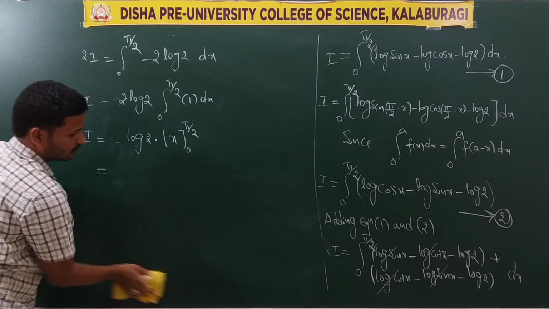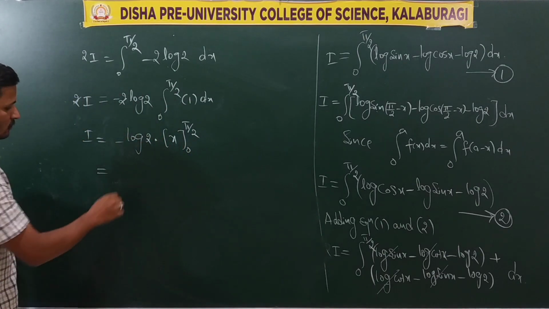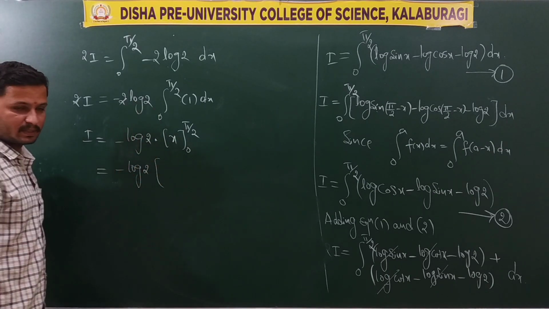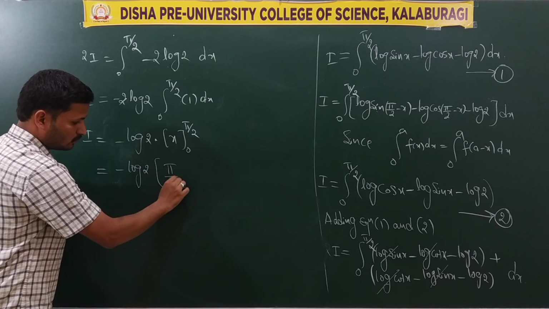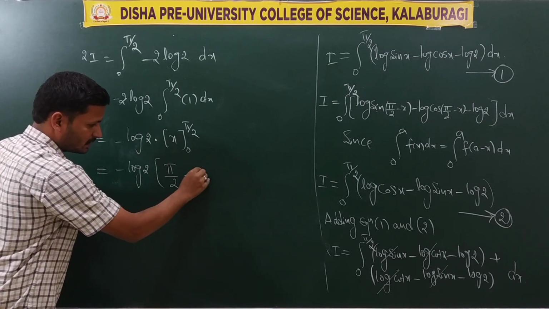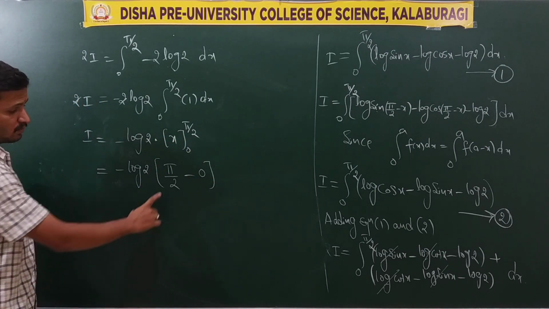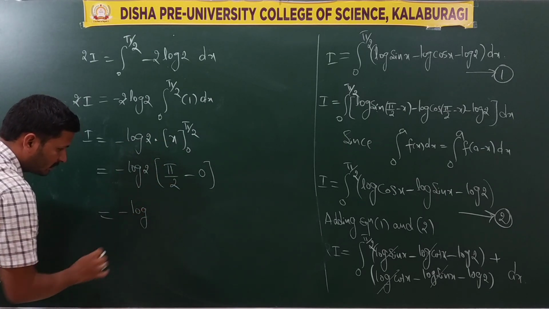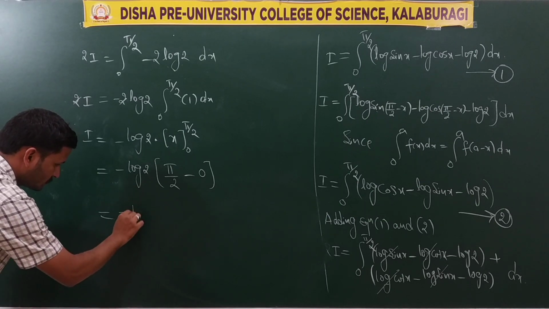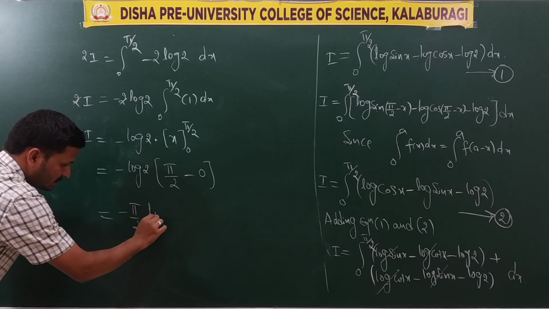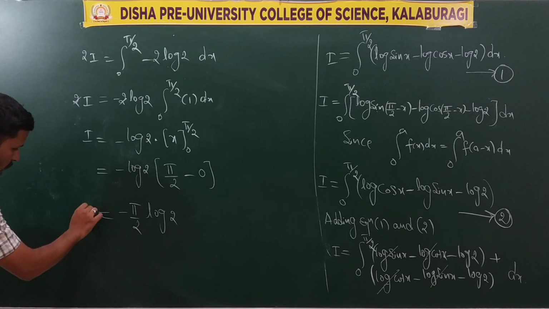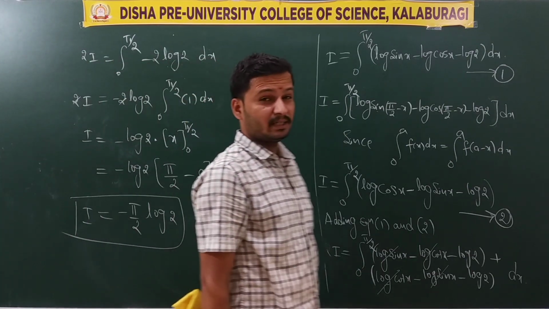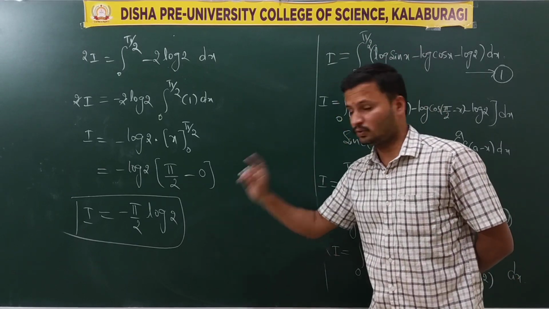So minus log 2, first the upper limit pi by 2 in place of x, and minus the lower limit 0. So pi by 2 minus 0 is pi by 2, so minus log 2 into pi by 2. So the answer is minus pi by 2 into log 2. So the value of the integral is I is equals to minus pi by 2 into log 2.